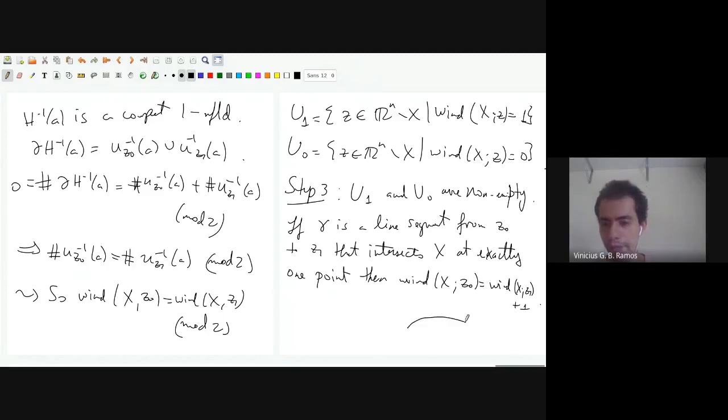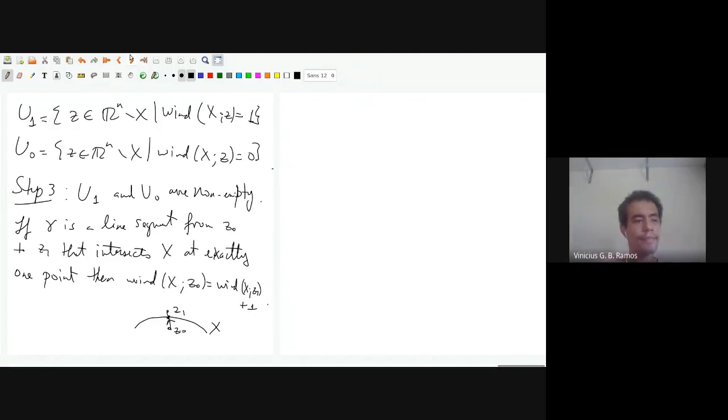So if here's my X, here's Z0, and here's Z1, and I have a line segment that goes from Z0 to Z1 and intersects X exactly once, then the winding number changes. Okay, so how do we prove that? Well, we can suppose.